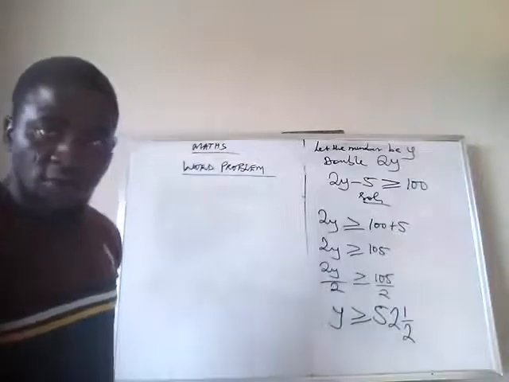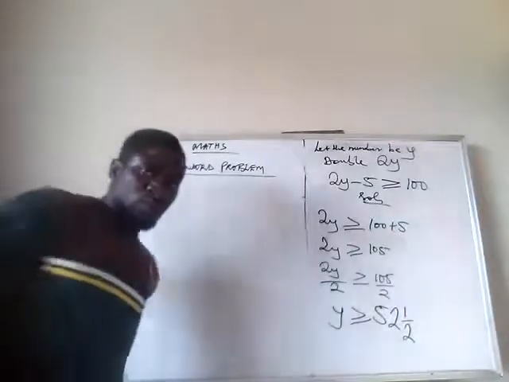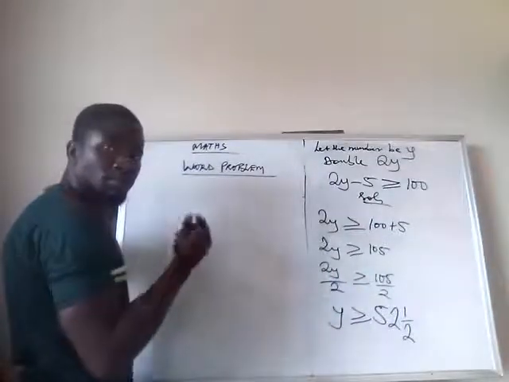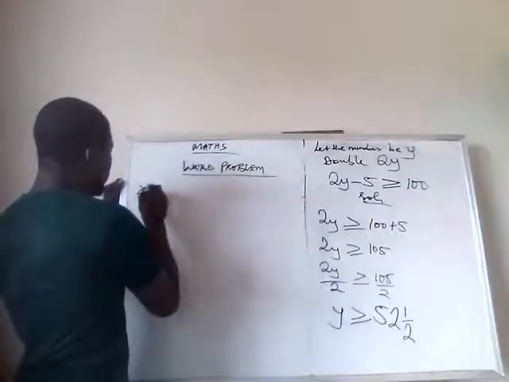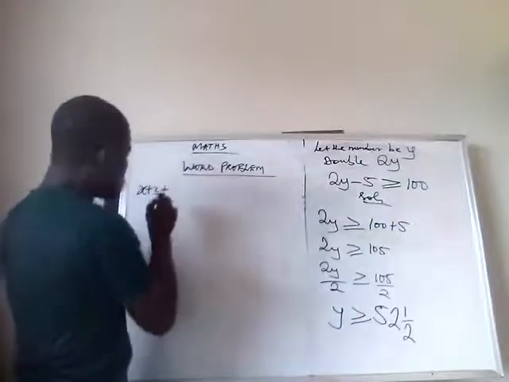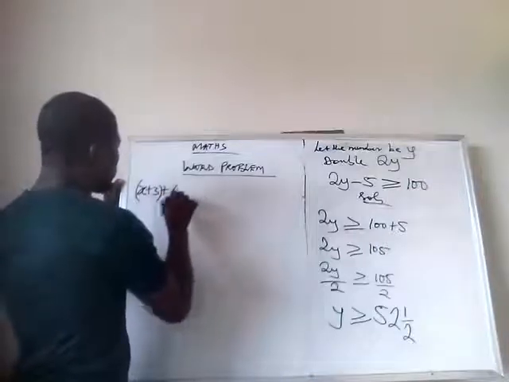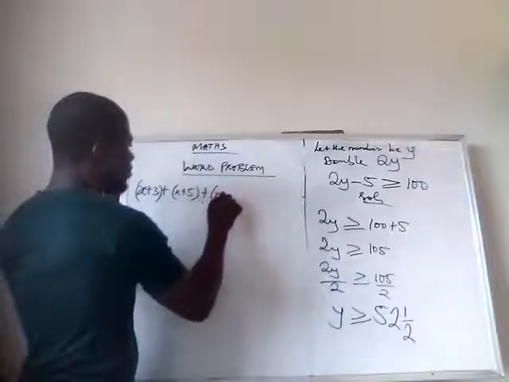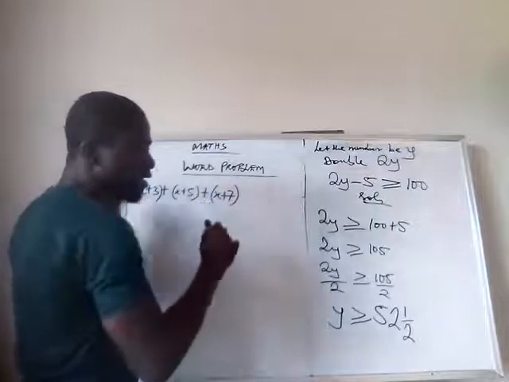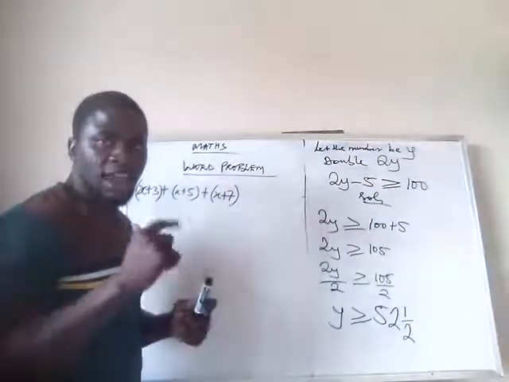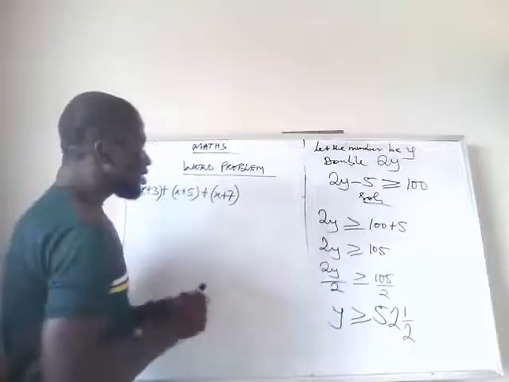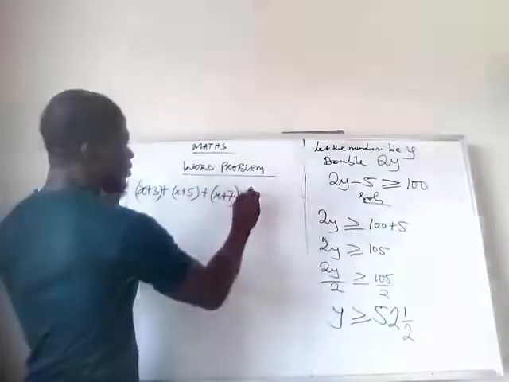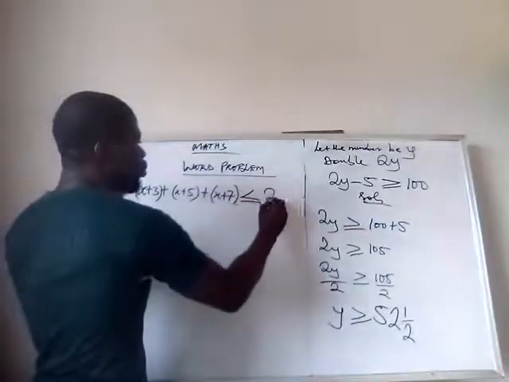So what we are going to do is set the sum: x plus 3 plus x plus 5 plus x plus 7. Since it cannot be greater than, it must be less than or equal to 201.